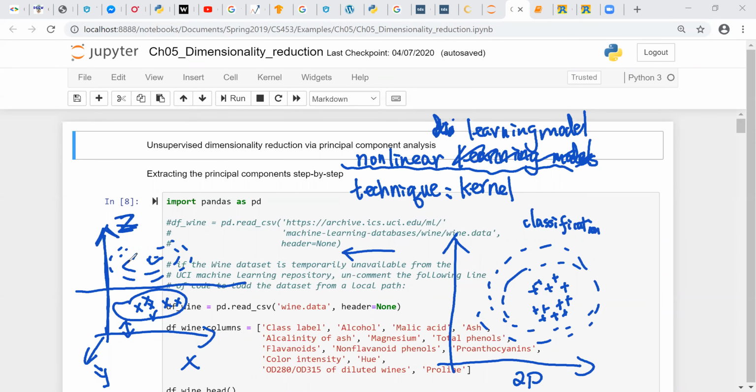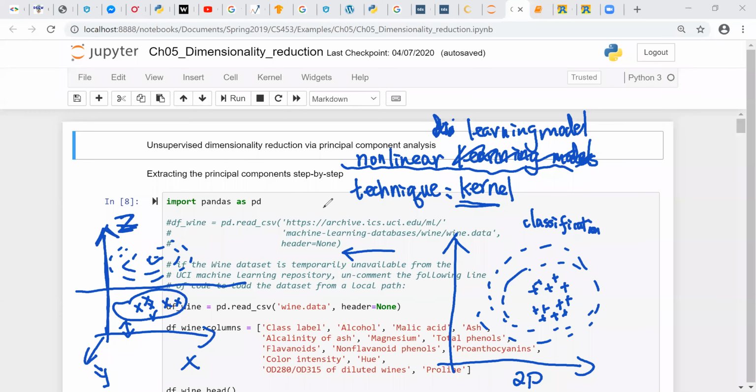If you can come up with some function to do the transformation, so that you have one class at one height and the other class at another height, then it's easily separable. Then if you apply logistic regression or SVM, those linear approaches, it's then separable. So it's called a kernel technique.